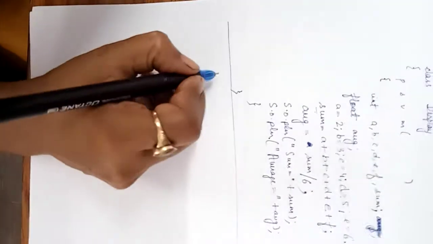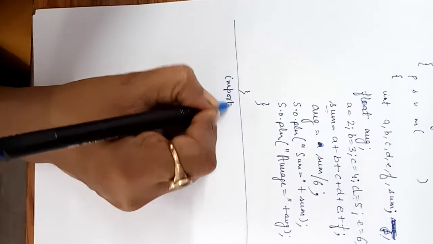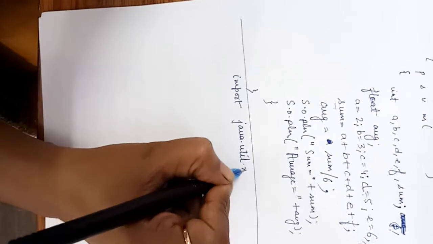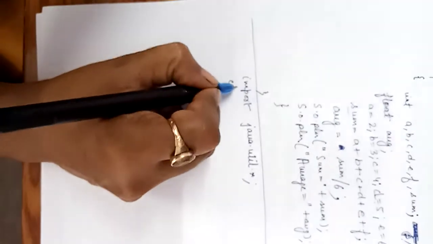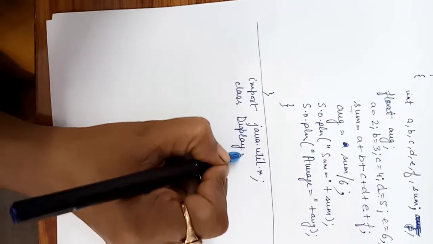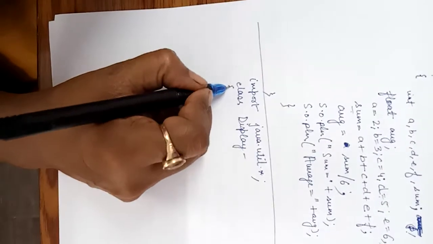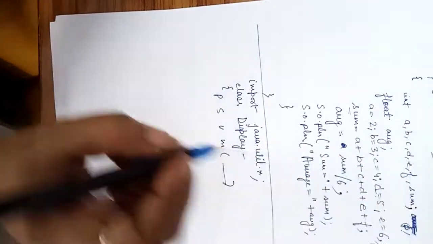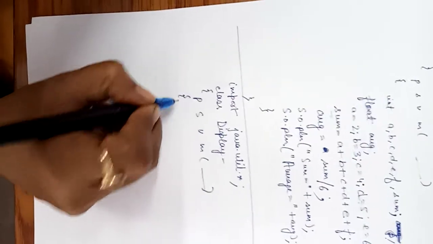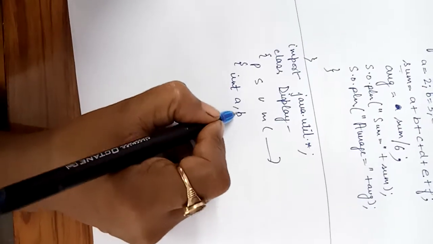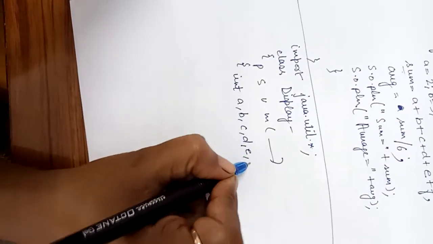The changes will be: you need to import the java.util.* utility package, then class display, no dot will be there, PSVM String args. Then again you need to take variables to store different values A, B, C, D, E, F.